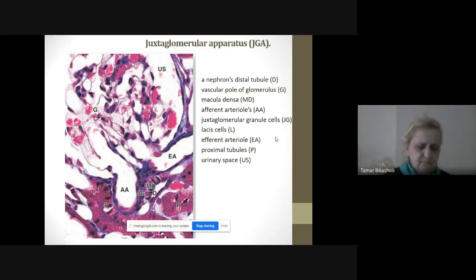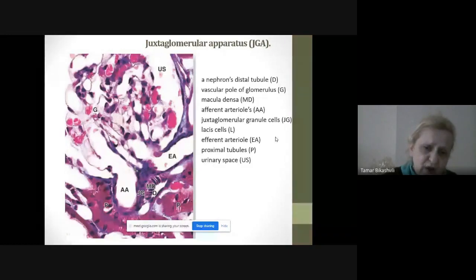This influences the macula densa cells, which are sensitive to sodium ion concentration, and proceeds to contraction. Then it influences the afferent arterioles, proceeding to contraction of the afferent arterioles, which lowers glomerular pressure and decreases the glomerular filtration rate.